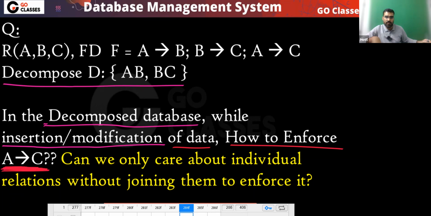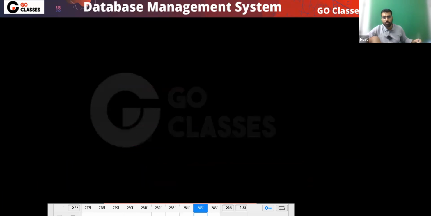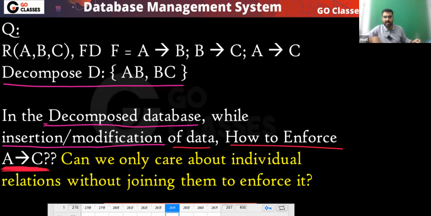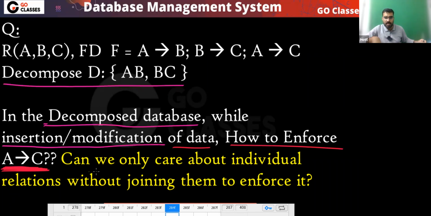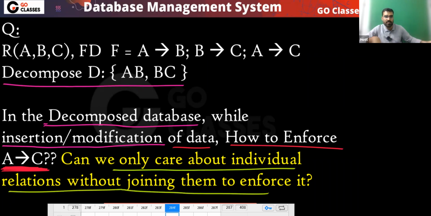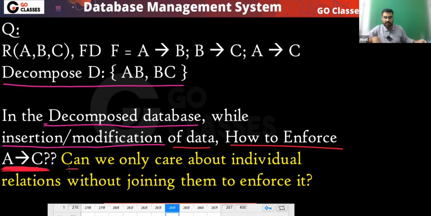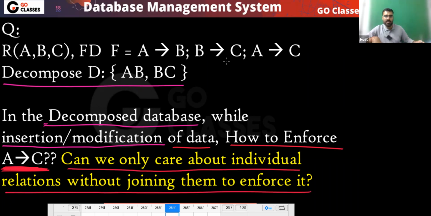Do we have to join the tables? Can we only care about individual relations without joining them? Can we enforce it without joining them?